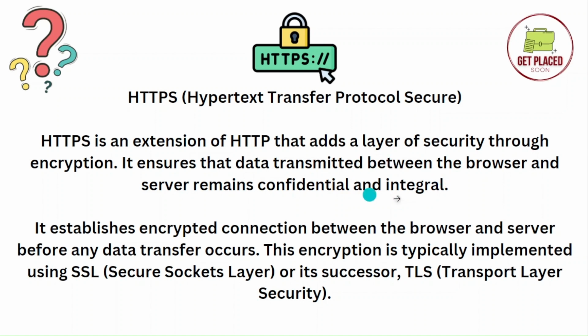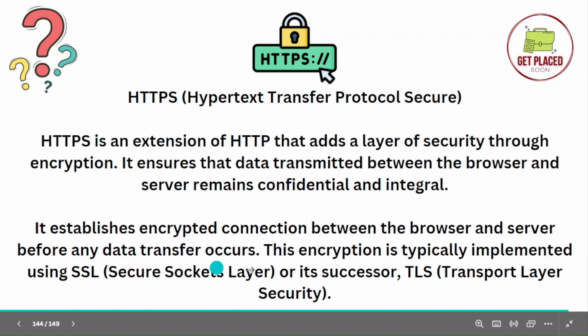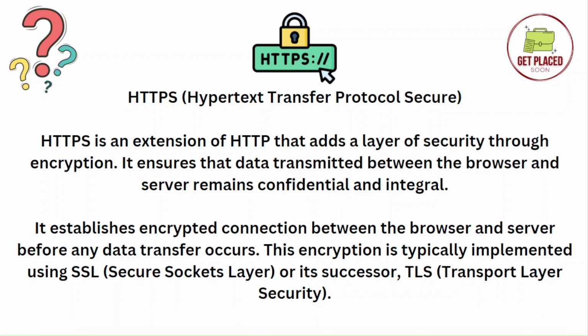Now how did HTTP achieve this security and become HTTPS? It uses these two things. An encrypted connection is set up between the browser and server before the communication begins. One is SSL, which means Secure Sockets Layer, or TLS, that is Transport Layer Security. With either of these two, the encrypted connection is set up between browser and server.